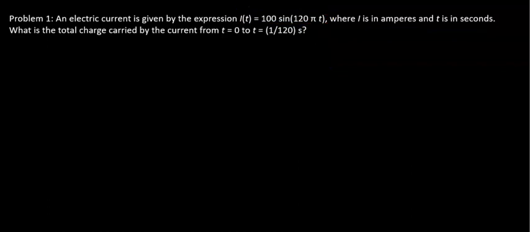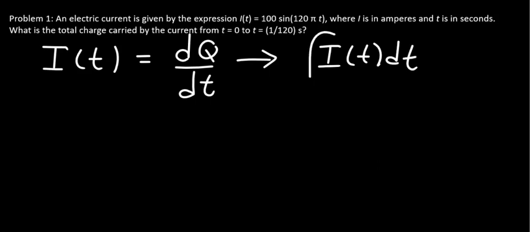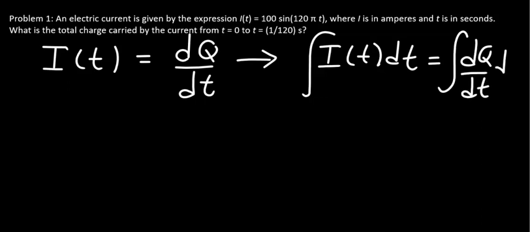Of course, to solve this problem, we have to make use of the definition for electric current, which is quite simply the rate of change of charge in Coulomb. So this equation can be rewritten slightly in integral form in the following manner: the integral of i dt.